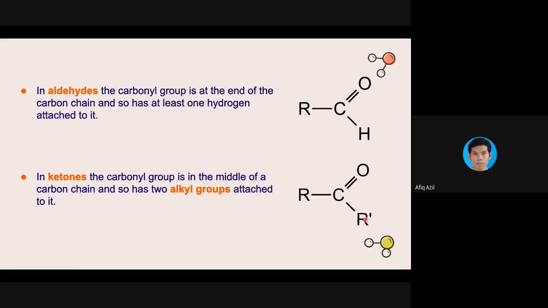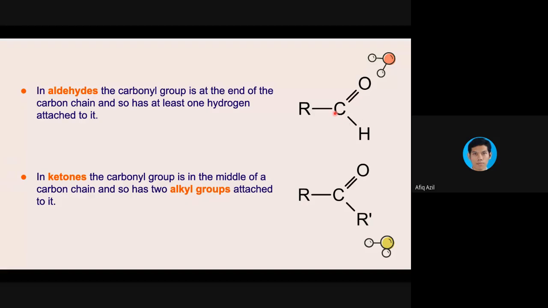Let's say you have CH3 on one side, the other side does not also have to be CH3. Over here you could have 4 carbons on this side, and it is still a ketone. So if you look over here at the aldehyde, C double bond OH. If you want to easily identify whether the compound is an aldehyde or a ketone, you see where the position of the C double bond O is.